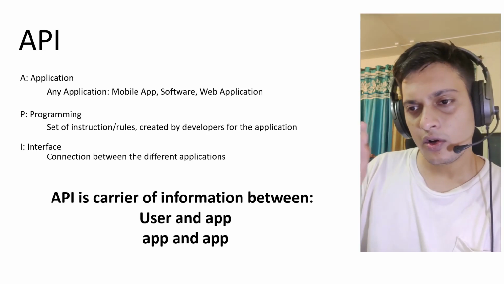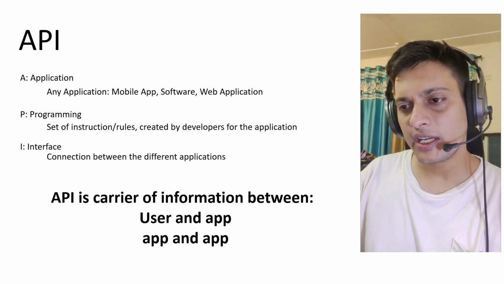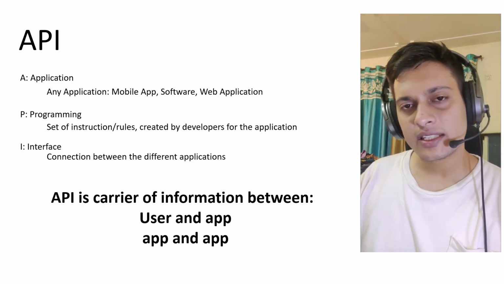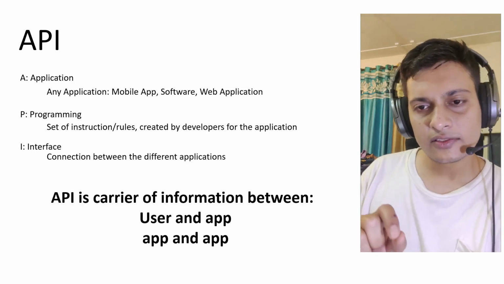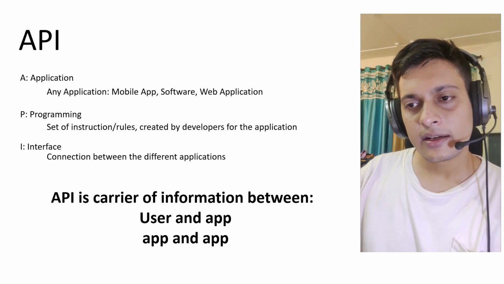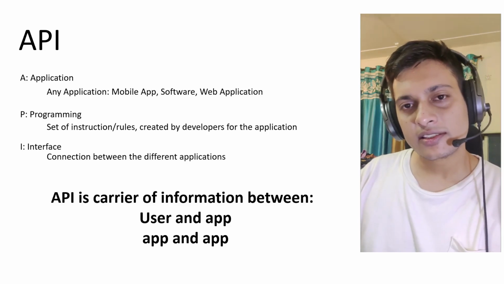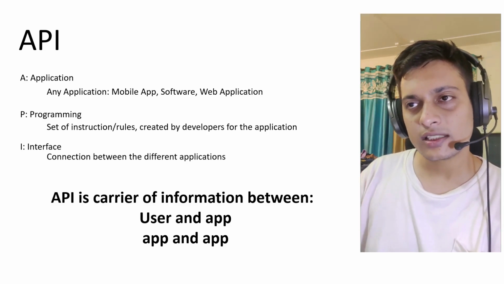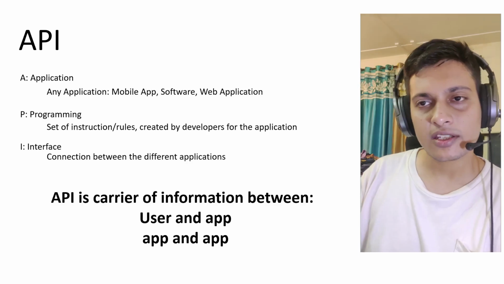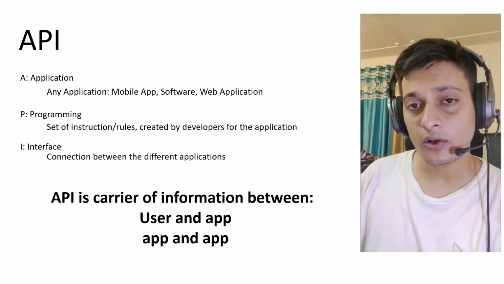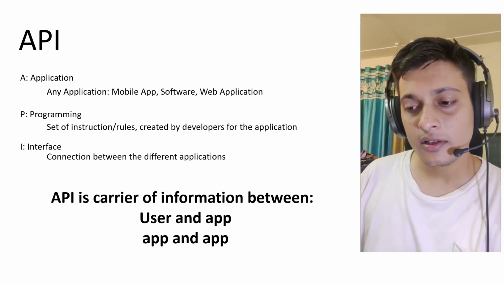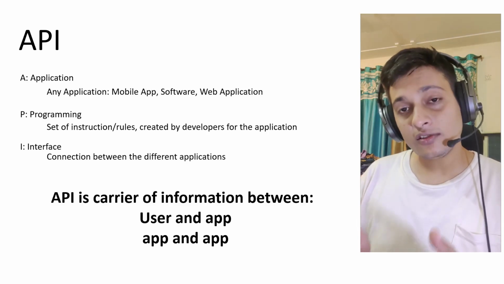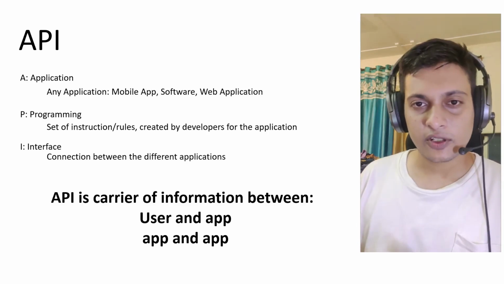It means Google was able to fetch data from other applications as well. Google is one application and the flight booking application is a different application, but still Google was able to take data from that application and show it to you without going inside of it. This was possible because of API only.